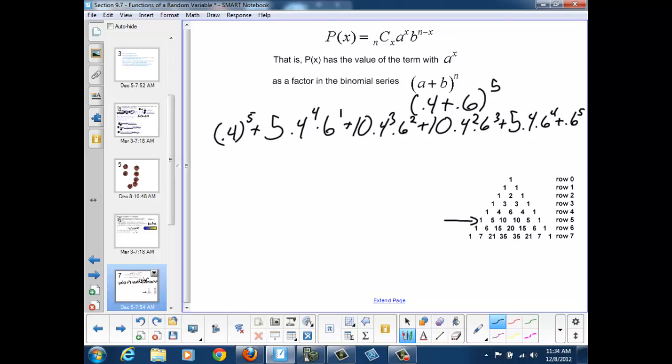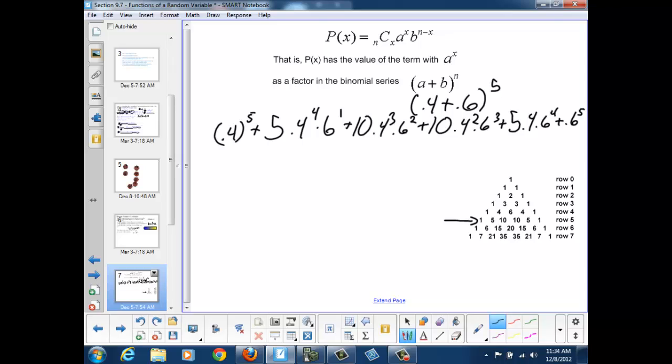If we examine each of these terms and think of them in terms of the ways to get a certain number of heads and a certain number of tails, we'll see an interesting correlation. For example, the question we asked about was 2 heads and 3 tails in any combination.